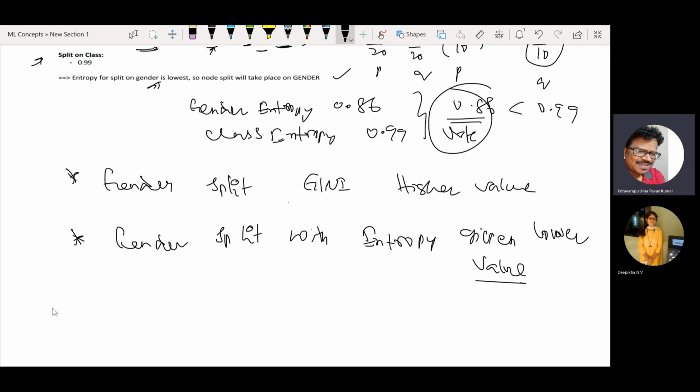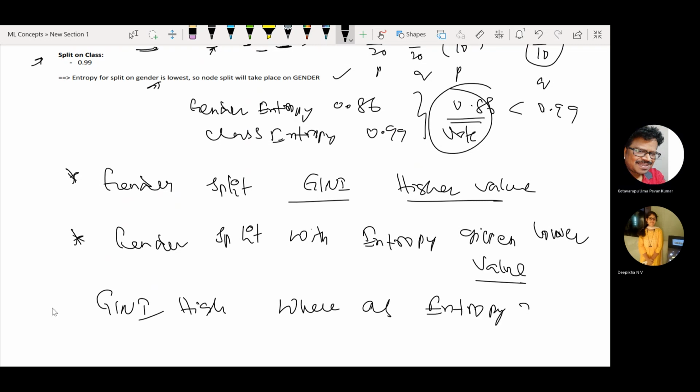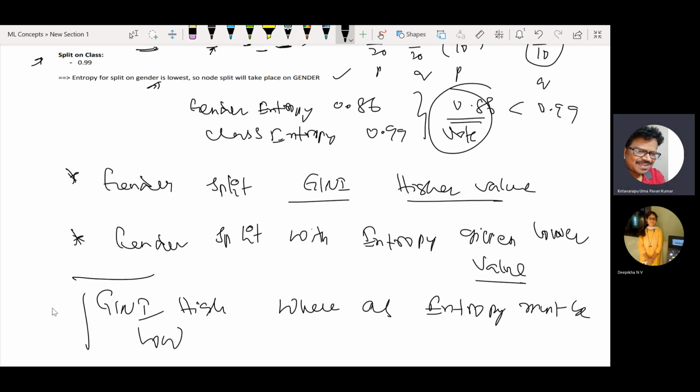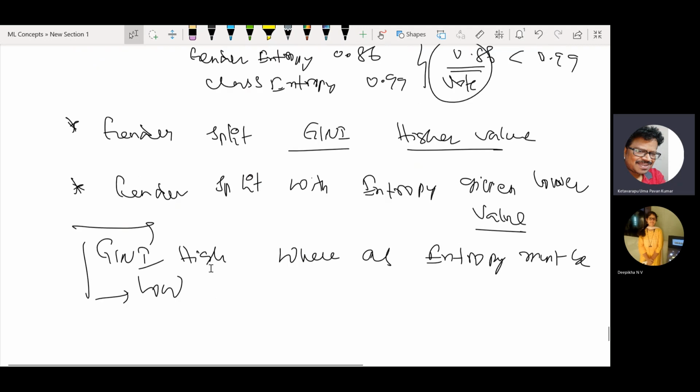Friends, your Gini must be high, whereas your entropy must be low. That is the reason why we are making use of the convention of calculating the split values.